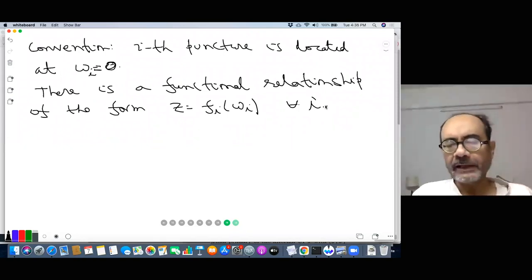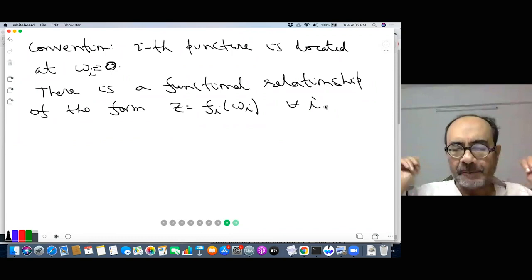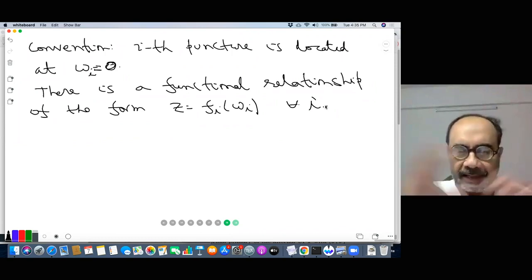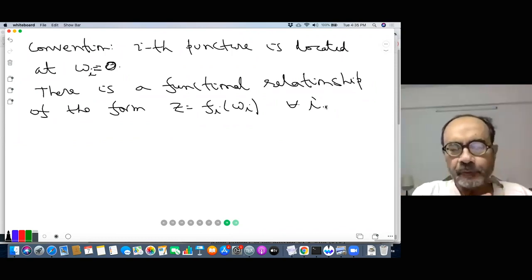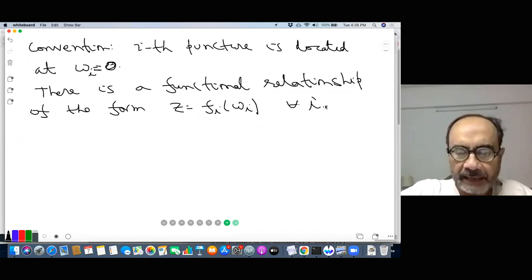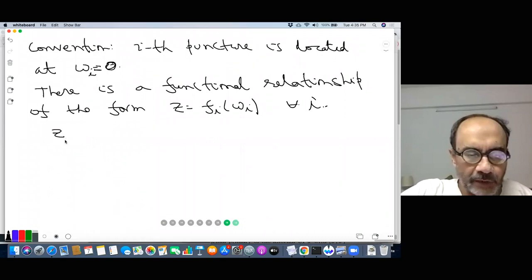We have the complex plane which has this global coordinate z that we use to define it. Now near each puncture, I introduce some arbitrary coordinate system wi, which locally is holomorphically related to z. But otherwise, we don't put any additional restriction on fi. And the fact that the puncture is located at w equal to 0 means that zi, the location of the ith puncture in the z plane, must be equal to fi of 0.